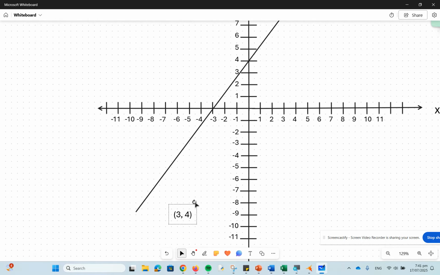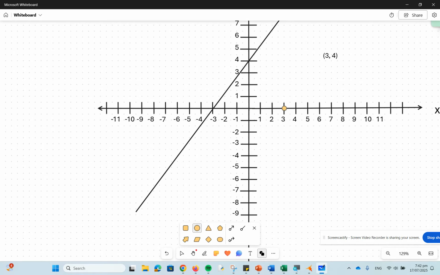I'm going to shrink it down a little so I can put it on a graph, and I'm going to use a marker circle here to plot it. So 3 across the x-axis. Here's the origin point, 0, 0 coordinates.